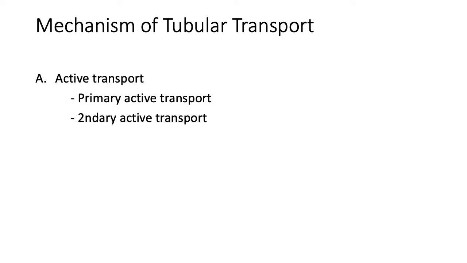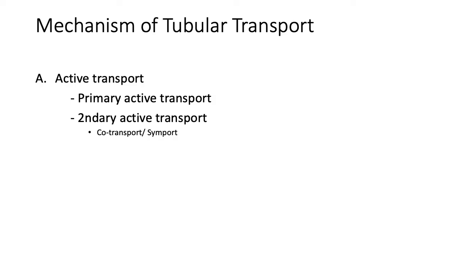Why is it called secondary active transport? Because the primary active transport produces a chemical gradient, and by utilizing that chemical gradient, secondarily some solutes come inside or go outside of the cell.